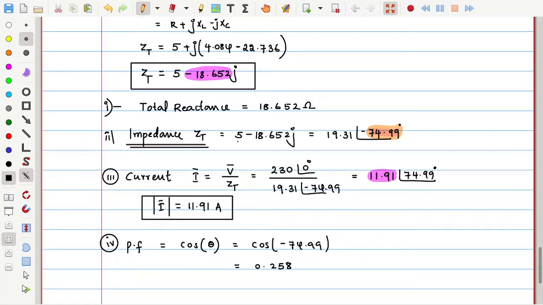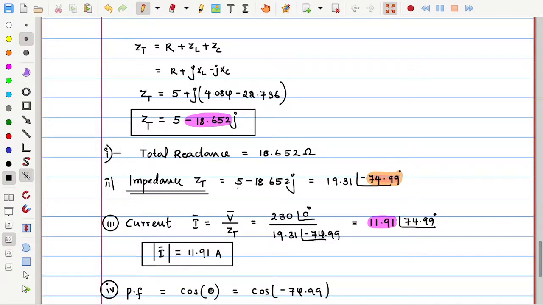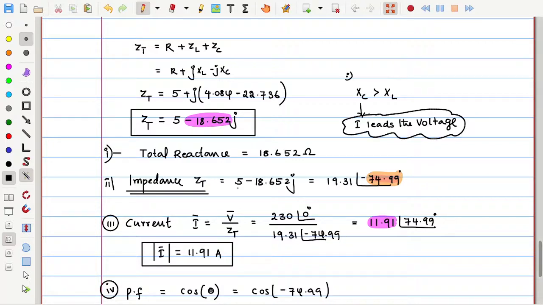0.258. Now observe here, XL is 4.084, XC is 22.736. If we observe carefully, XC is more than XL, and that means the capacitive nature is dominating. We already saw previously that in a capacitor, the current leads the voltage. You should remember these important points.